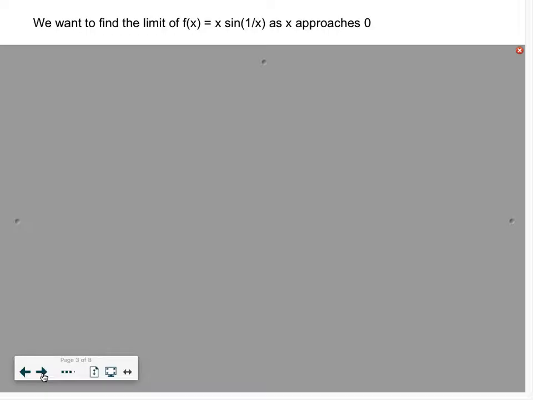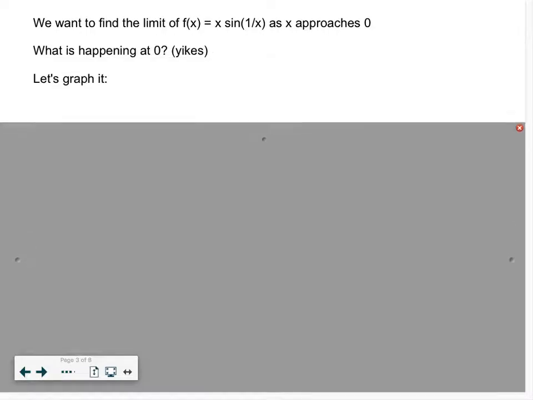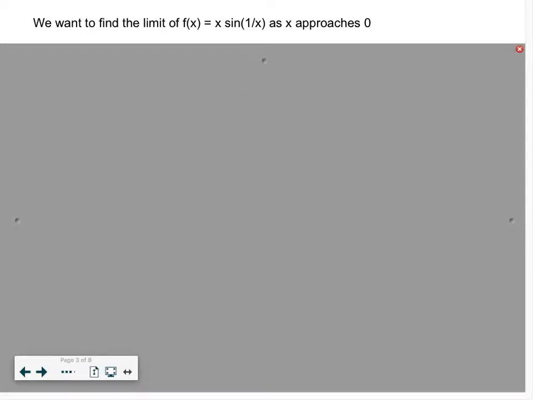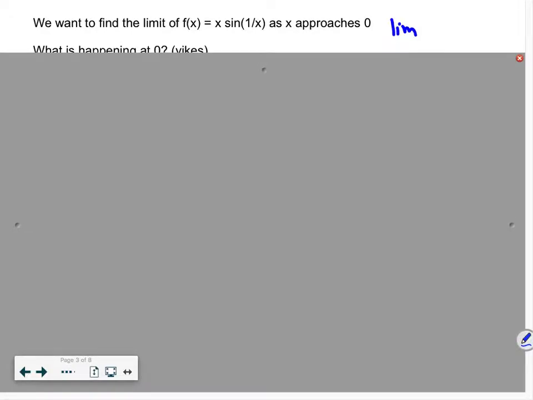So we want the limit as x approaches 0 of x sine of 1 over x. Well, if we try to plug in 0 analytically, what happens?